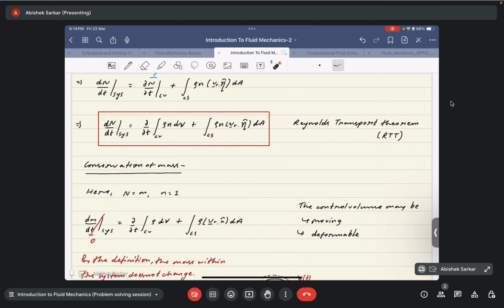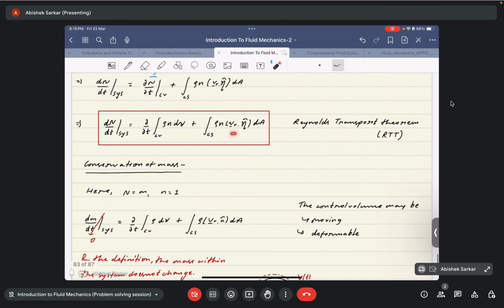And here VR denotes the relative velocity of the fluid that comes out of the concerned control volume with respect to the velocity of the control volume itself. So if the control volume is stationary, then VR would be equal to the velocity of the fluid itself.